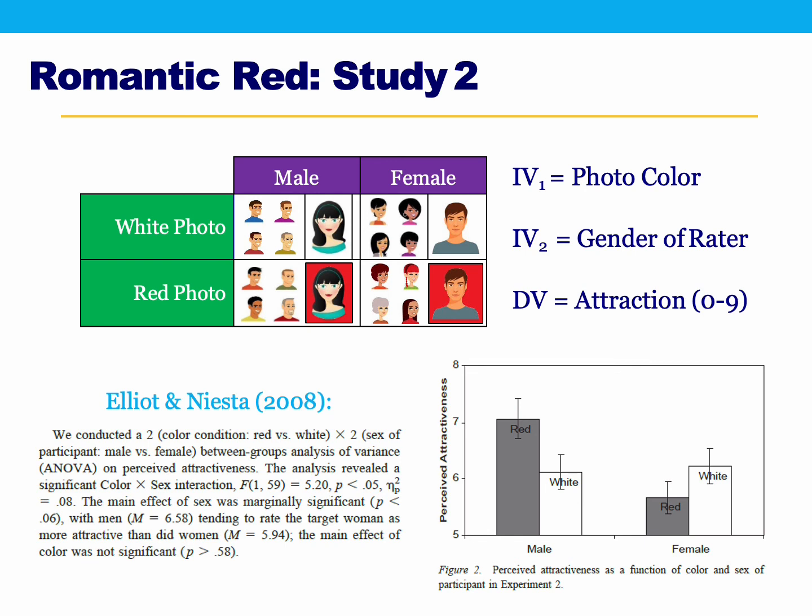If we look at those bars next to each other, the one representing red is a lot higher than the one representing white. But if we look at the female level, we see that they're essentially equal to each other, right? And in fact, the white photo is rated as slightly more attractive, even though this difference is not significant.